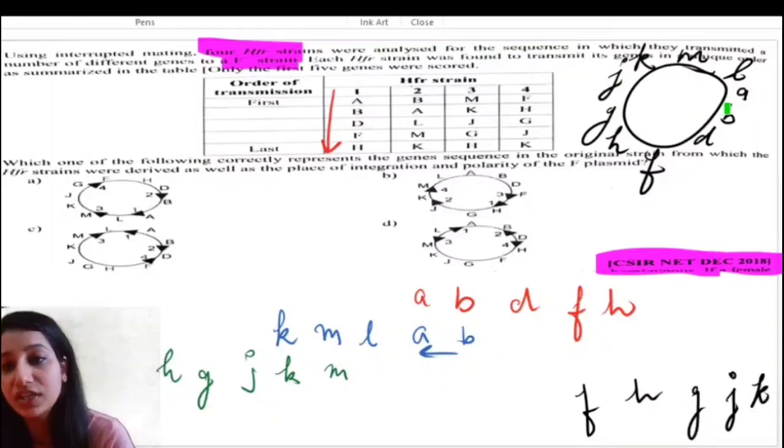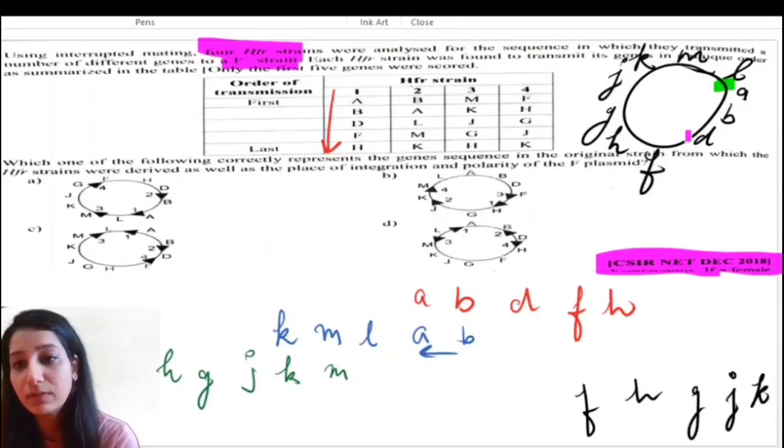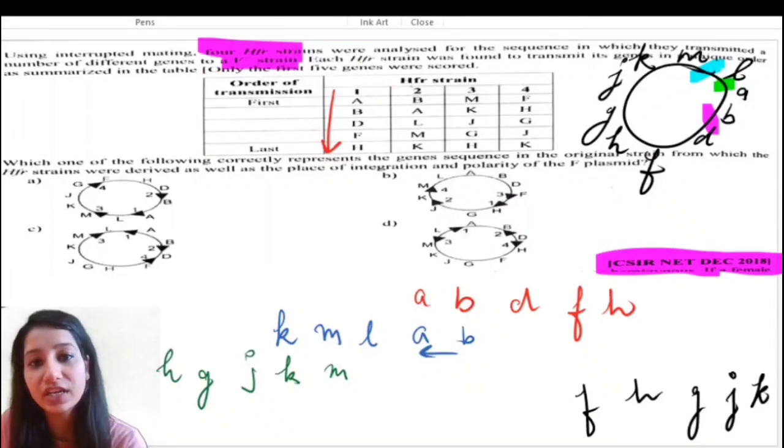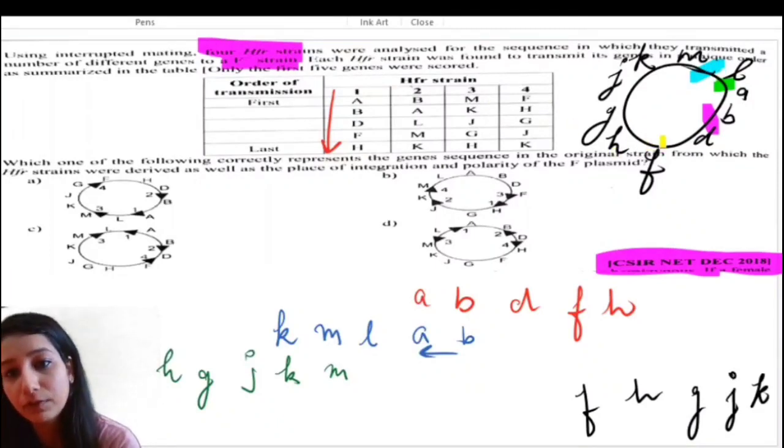So in the first condition it will be present before A, in the second before B, in the third before M, and in the fourth before F.